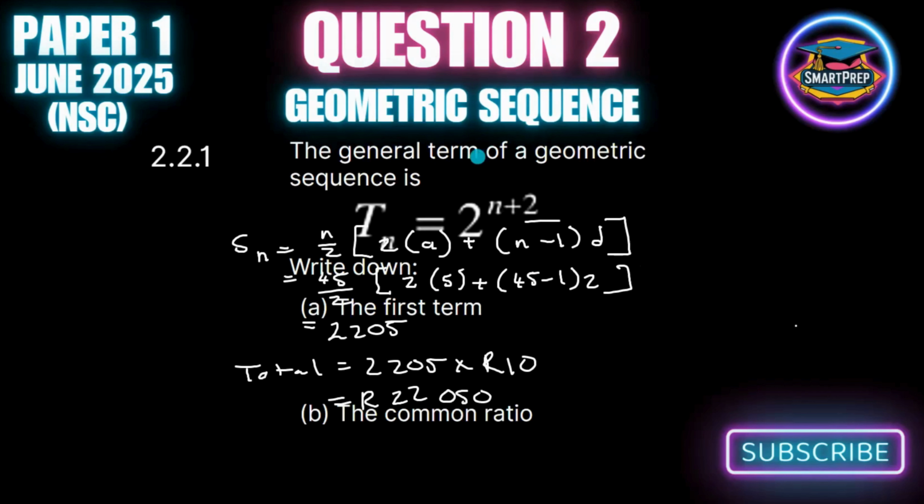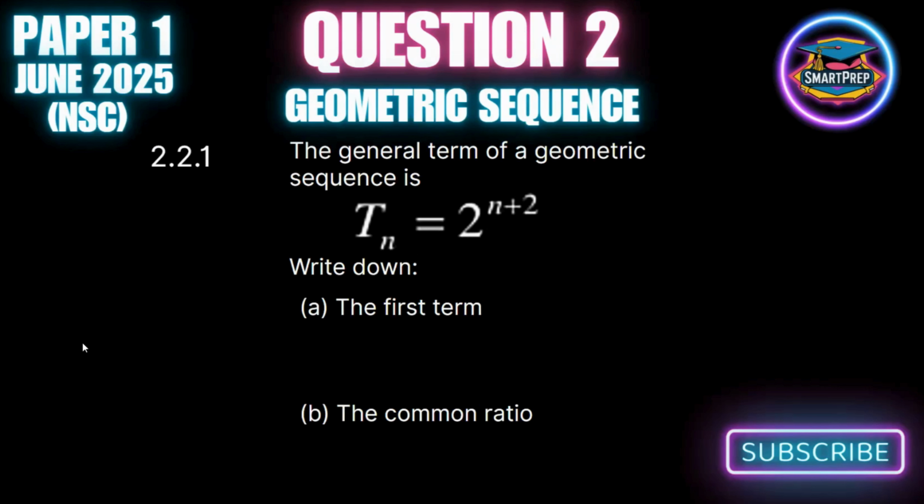Okay, let's go on to the next one. General term of a geometric sequence. Here they want to know the first term. Well, the first term is when we sub in 1 for n. So T1 equals 2 to the 1 plus 2.